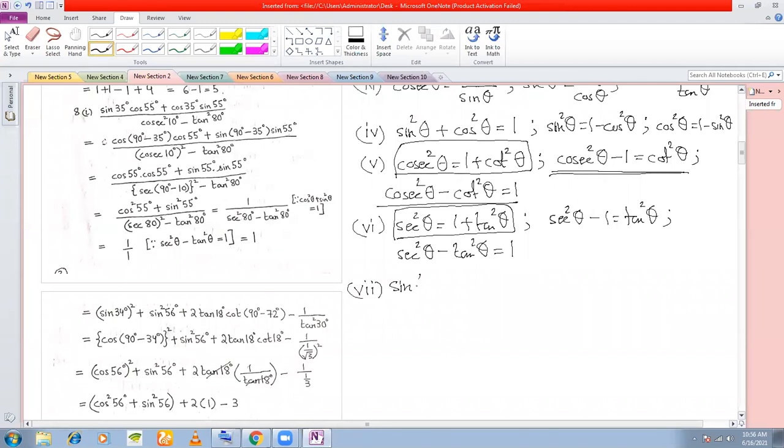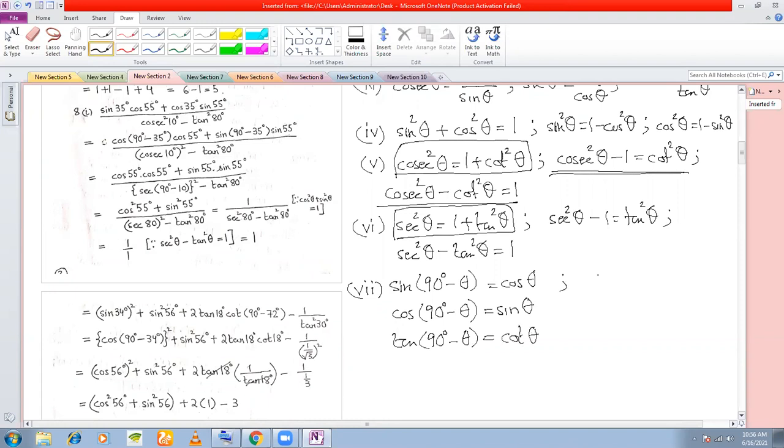So just a reminder, sin 90 degree minus theta is cos theta, cos 90 degree minus theta is sin theta, and tan 90 degree minus theta is cot theta.